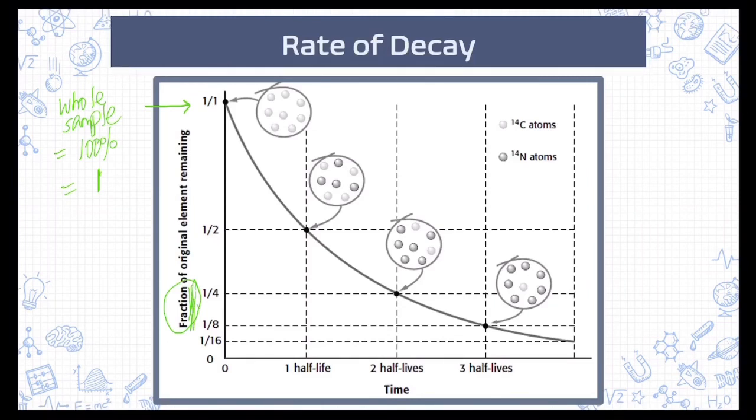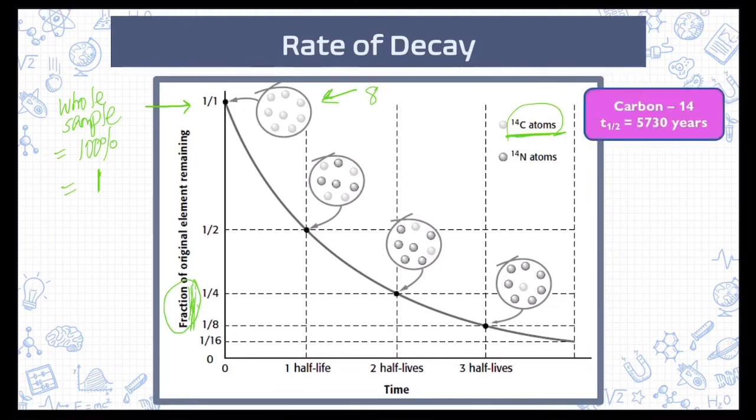So we're looking at the radioactive isotope carbon-14. And you'll notice in the first circle, 100% of the atoms represented in that circle are carbon-14 atoms. If you count up all the little light gray, or we'll call them white dots, we have a total of 8 carbon-14 atoms. Carbon-14 has a half-life of 5,730 years.